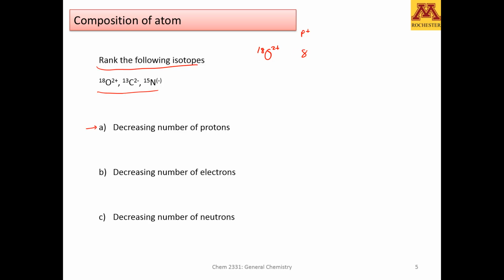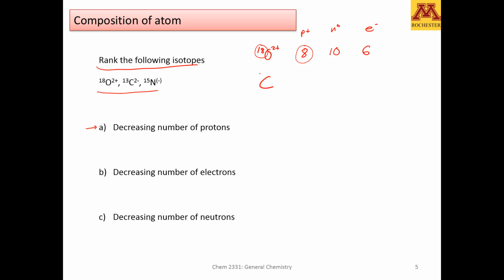This is what makes it oxygen. It's 8. You go to the periodic table, oxygen is the 8th element. If the mass number is 18, it means that the number of neutrons is 10. And if there is a 2 plus, it means that there are 2 more positive charges than negative charges. So there have to be 2 fewer negative charges than 8, so there have to be 6.